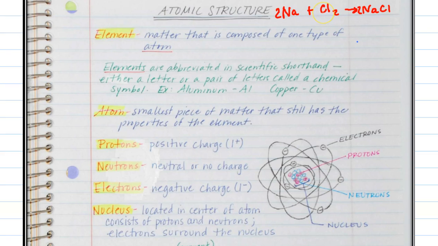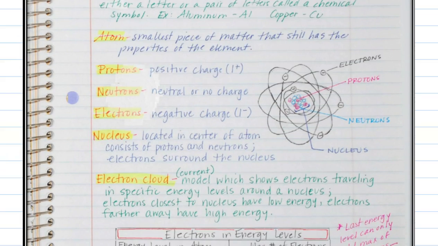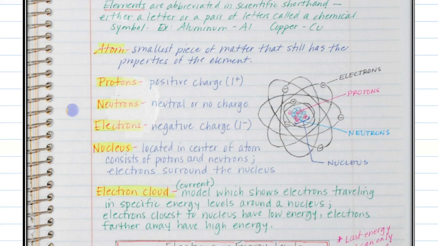Now, there's two places in the atom where we're going to find the particles, the protons and neutrons and electrons. The nucleus is located at the center of the atom, and this is where the protons and the neutrons are found.